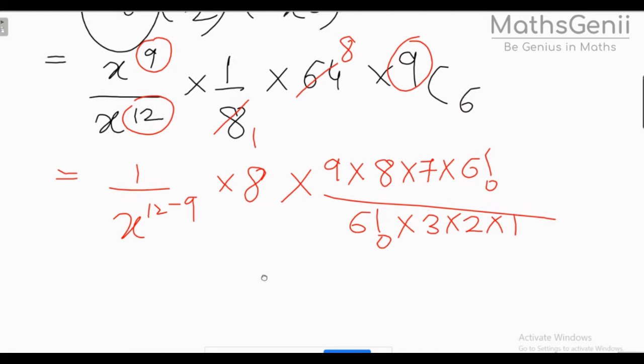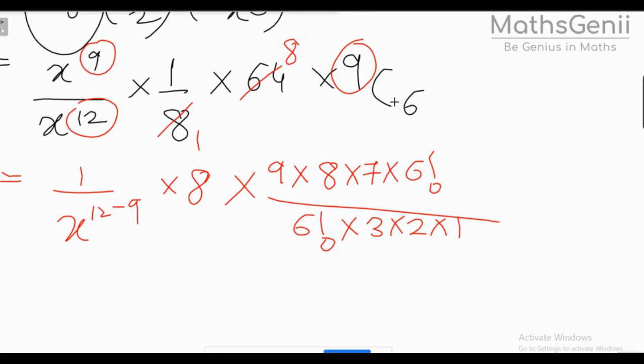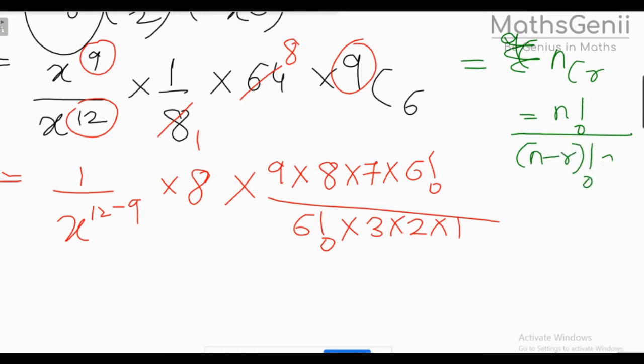Now for people who don't know what the formula of this expansion is, in the nCr formula, it is n factorial upon n minus r factorial into r factorial. So n is 9, so 9 factorial upon n minus r, so 9 minus 6 factorial, which is 3, into r factorial, which is 6.